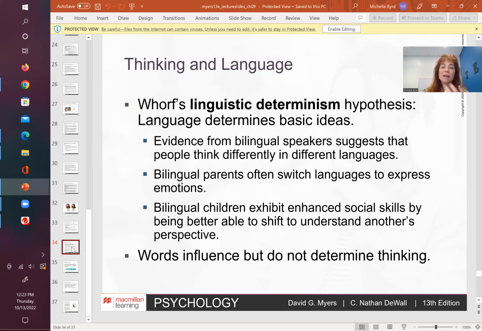When they're thinking about it, they are thinking of it in Spanish, and if they're reading it, they have to turn it around and bring it back. So they're doing quite a lot there with their language, and I think that is pretty incredible. Words influence but do not determine thinking.